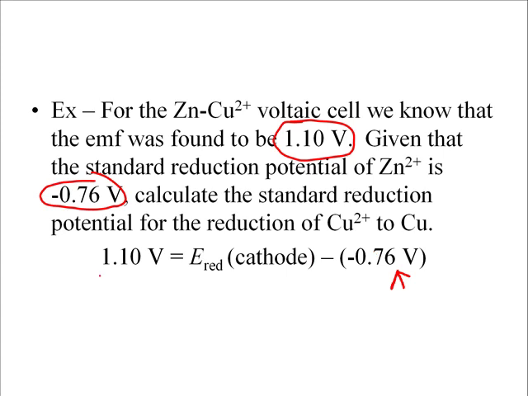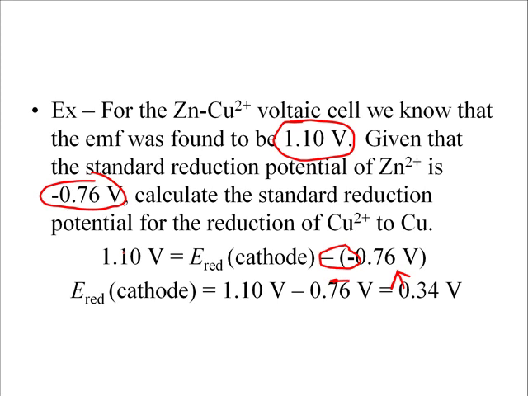So we have 1.10 equals the reduction potential at the cathode minus the negative 0.76. When we solve, that becomes a positive, so we subtract that on both sides. For the cathode, it comes out to be 0.34 volts. And that is the reduction potential for copper 2+ becoming a copper atom.